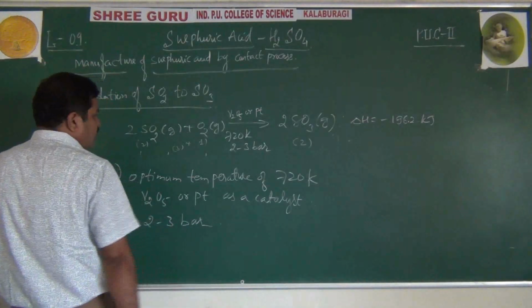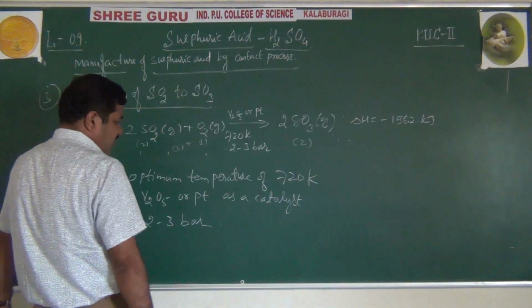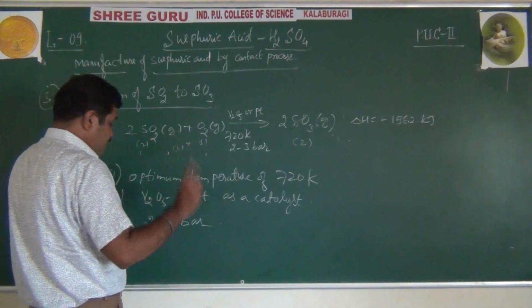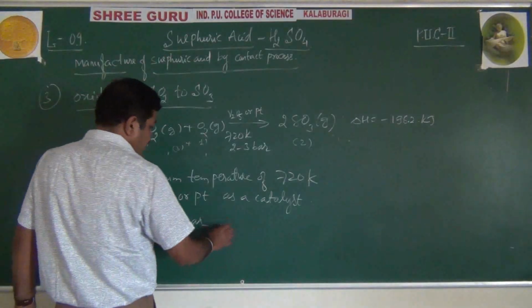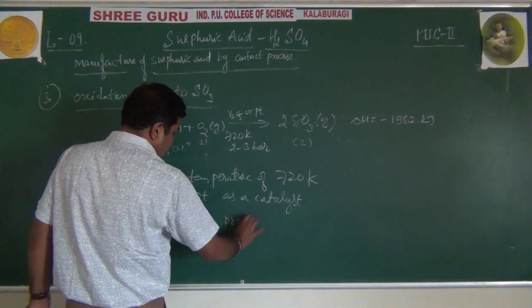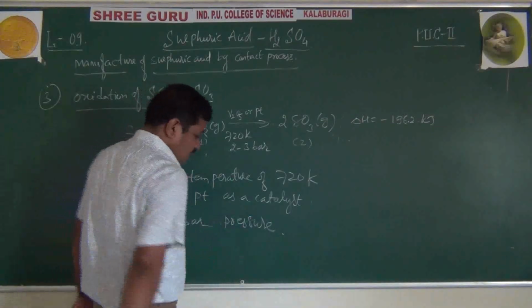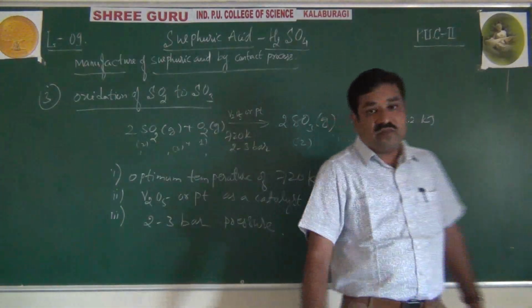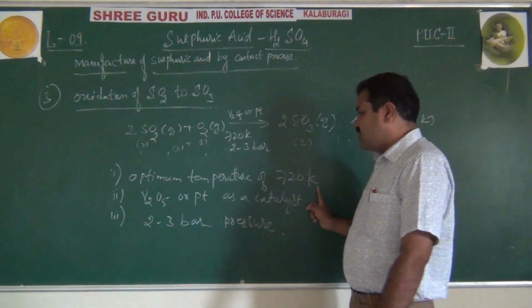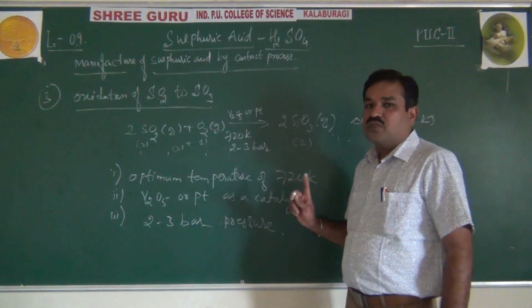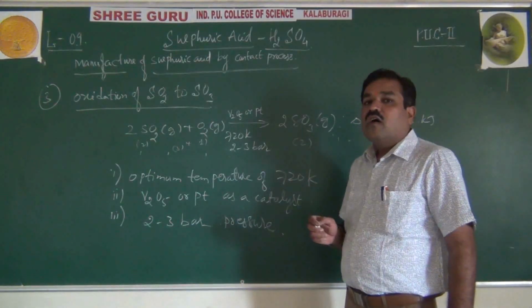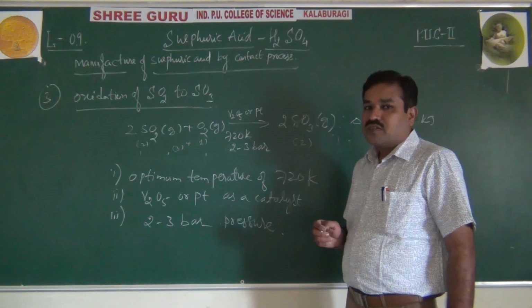Low temperature and high pressure; 2 to 3 bar pressure is enough to oxidize sulfur dioxide to sulfur trioxide. These are the optimum conditions. Very, very important for 2 marks, like that of ammonia by Haber's process.